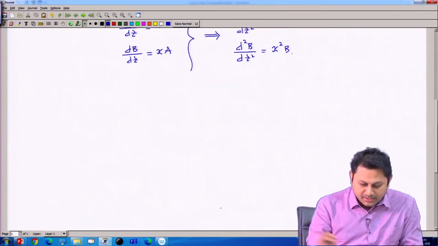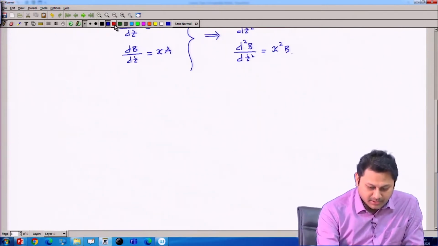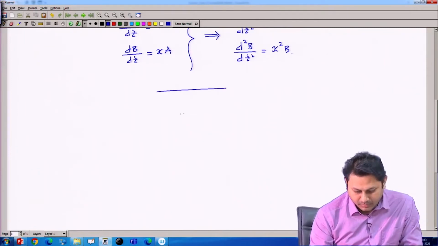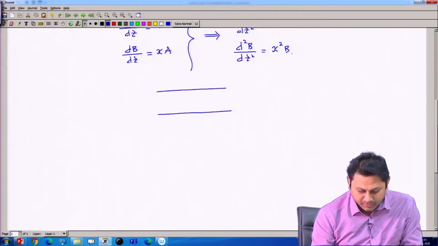Now, the boundary condition which is important here, we apply for the equation of B and figure out the expression. So, this is the structure of the grating.